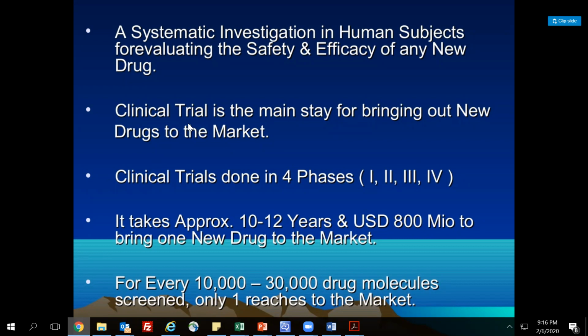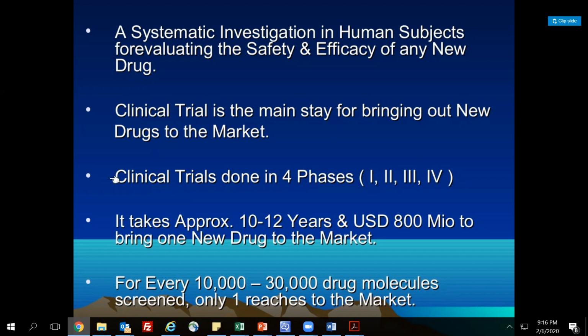This is the minimum span. You have to invest that many dollars. It's a huge investment and a huge amount of time. So trials have to be done accordingly so that the drug can be launched into the market.